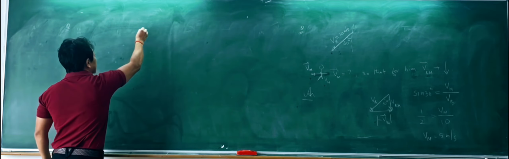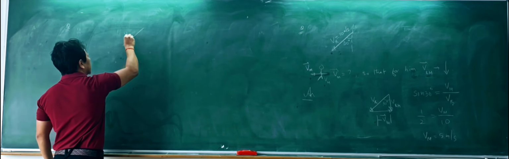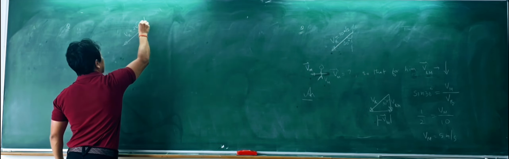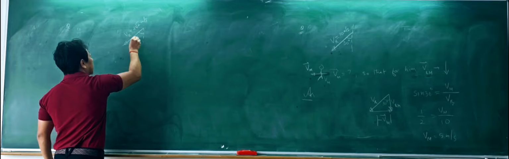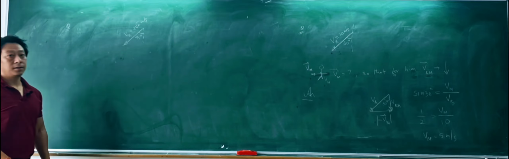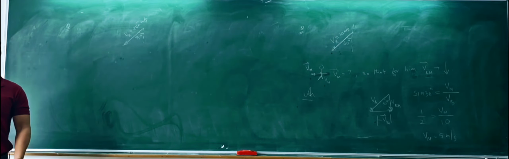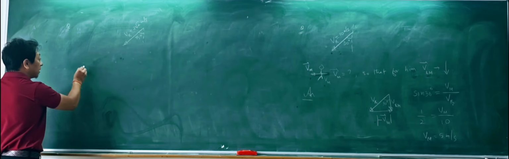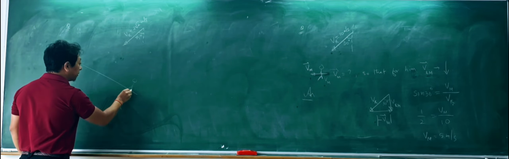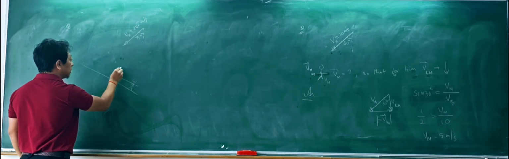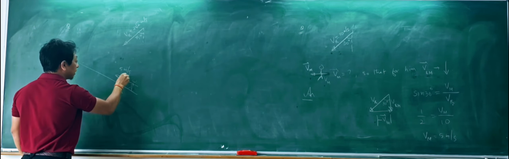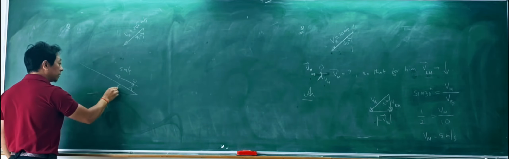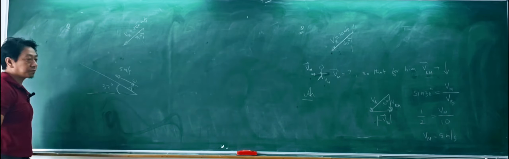They will say rain is coming at some angle, let's say 2 root 2 meters per second at an angle of 45 degrees. This is rain's actual velocity, actual meaning with respect to the ground. And the man is walking up the plane like this with velocity 5 meters per second, whose inclination from the horizontal is 37 degrees.